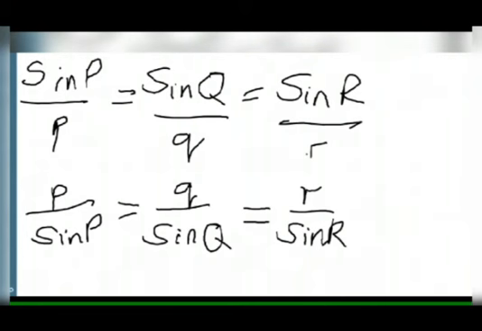Side PQ is r. We have not been given the value of angle R, but we can still get this by subtracting from 180 degrees, 35 and 34 from angle P and Q. This will give us 111 degrees.